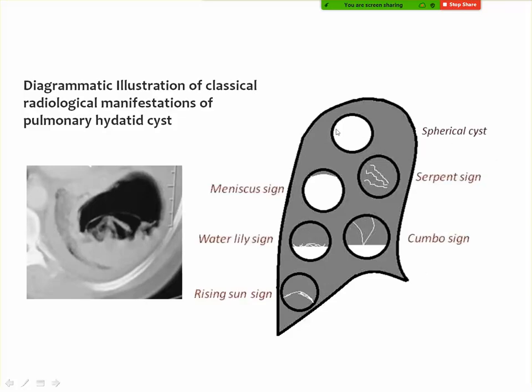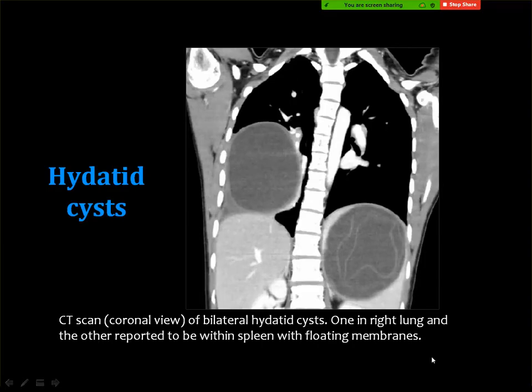The spherical cyst with no other features, just a simple cyst containing fluid, or a meniscus sign, which means you get air in the wall of the cyst, which is very characteristic, and the water lily sign, where you get a wavy appearance of the surface of the fluid level, and the serpent sign, where you get floating shadows inside the cyst, and this is known as the camalote sign, where you get a fluid level and some linear opacities, and this is the rising sun sign, also one of the signs of hydatid cyst.